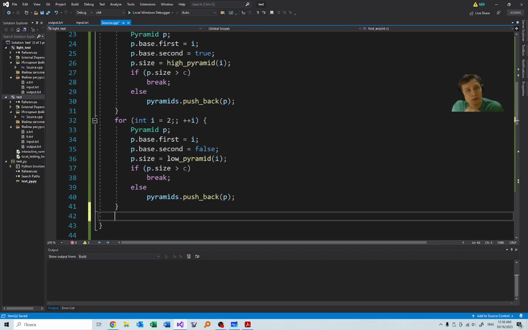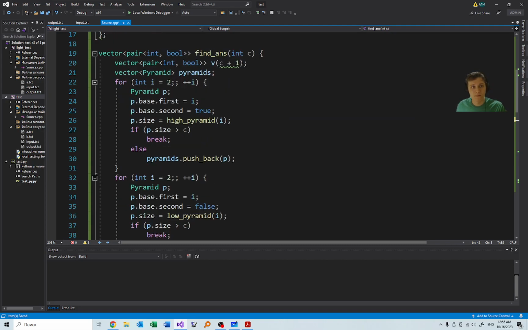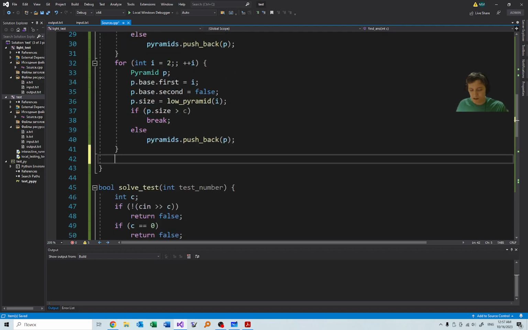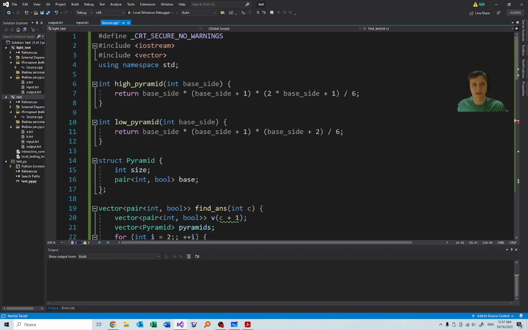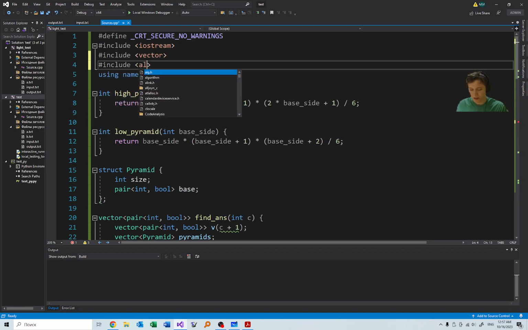And now we will iterate over all pyramids and over all numbers. Yeah, so let's go. First of all, we need to sort the pyramids. I want to go from the smallest to the biggest one. For that, I will just use sort. And sort is in include algorithm.